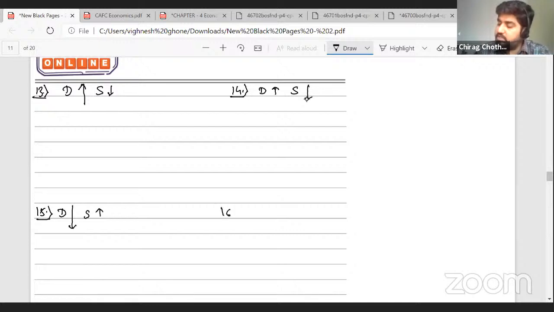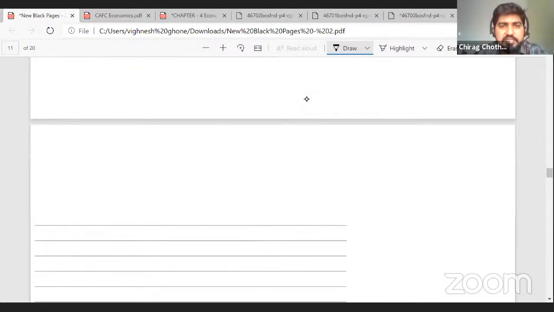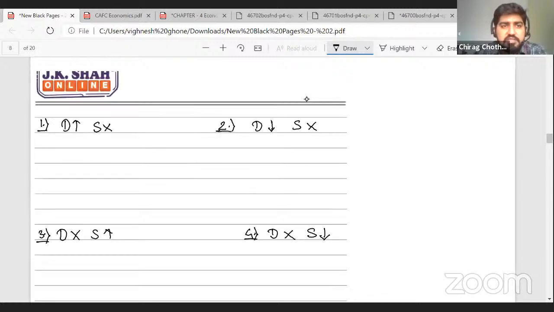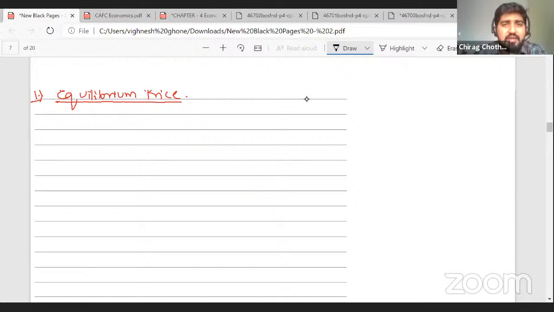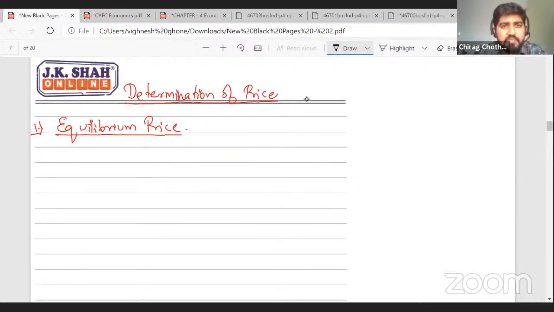And the last one, 16th, demand decreases less than the increase in supply. So these are the things, students, that we need to know very nicely. 16 cases are present in front of you. In this equilibrium price and these 16 cases, your entire unit number 2 will be done, revised completely. So make sure, students, you understand very nicely.